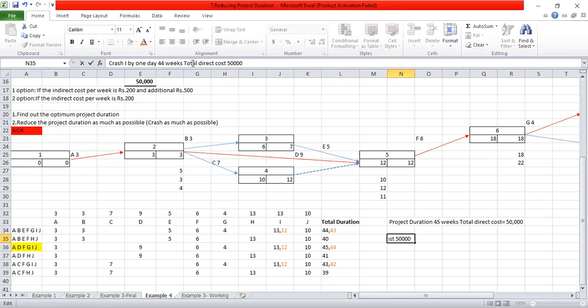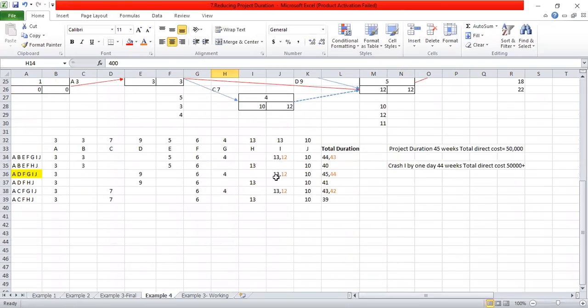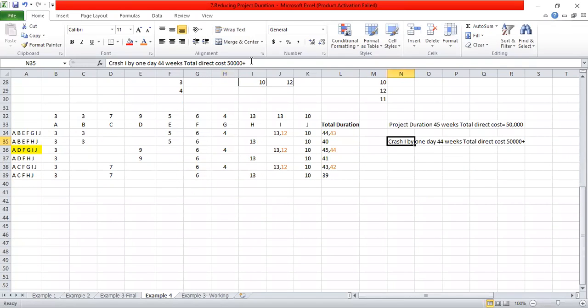For that 50,000, you have to add the I value. I value is 400, right? So you have to add this 400. So it is equal to 50,400.